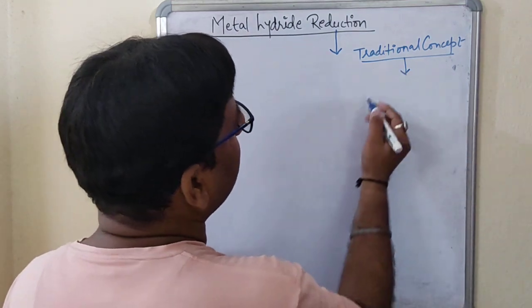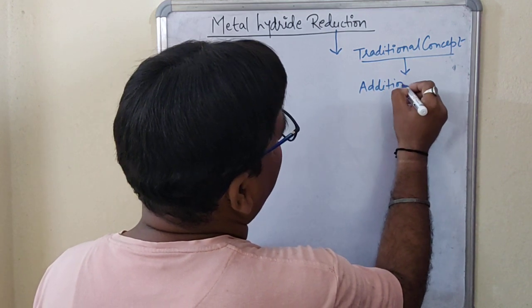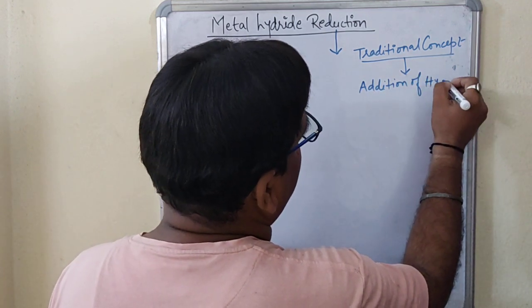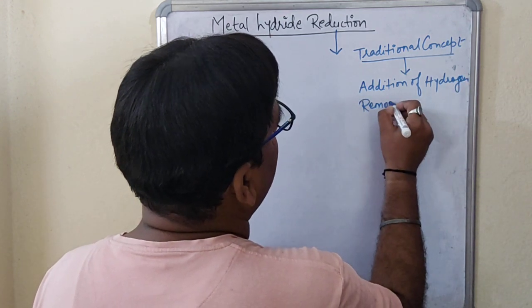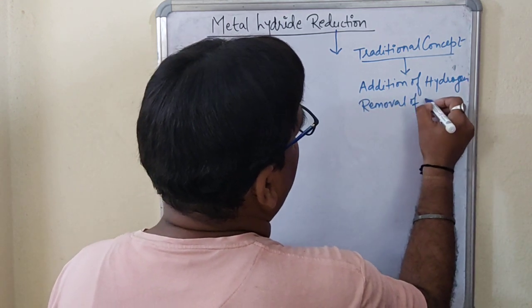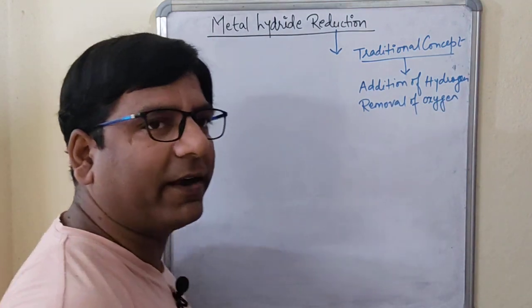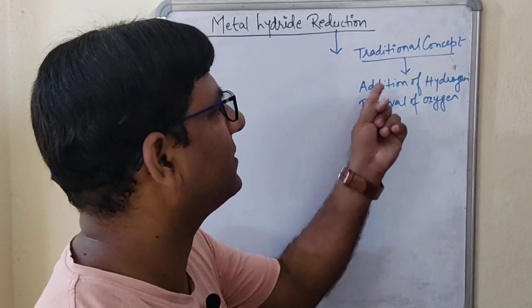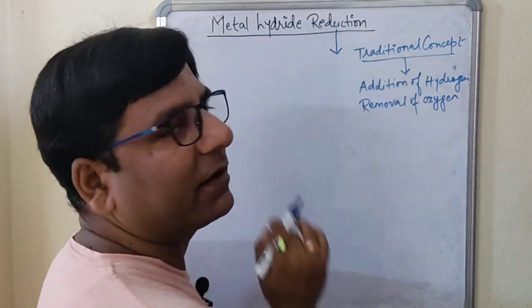In traditional concept, it is said to be the addition of hydrogen, right, and removal of oxygen. Okay, addition of hydrogen and removal of oxygen, this is said to be what? This is the traditional concept of defining the reduction.